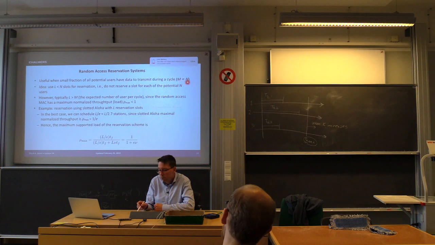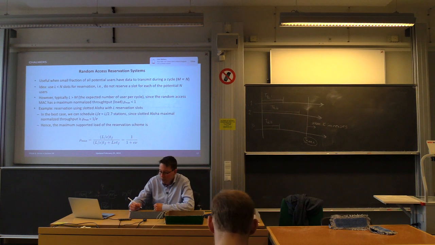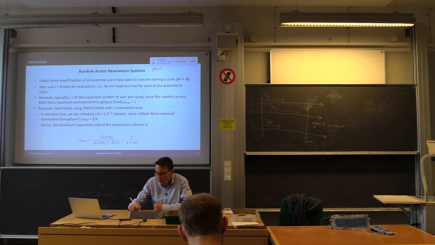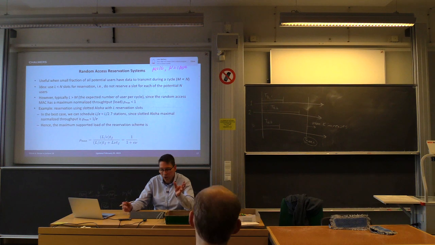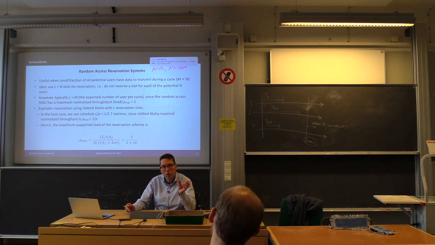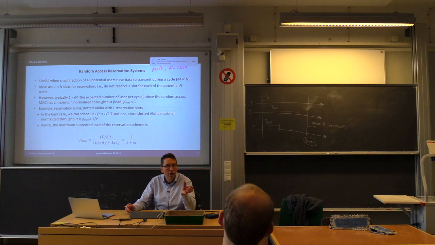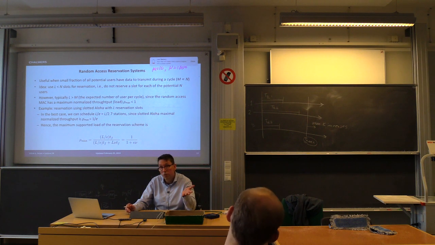So when m is much less than n, so in this case say that m is equal to 10 and we have n equals 1000, for instance. Then we are in a situation where we have many reservation slots, mini slots, but not all of them are ever used, right? Because only 10 out of those 1000 slots will indicate that data is ready to be transmitted.